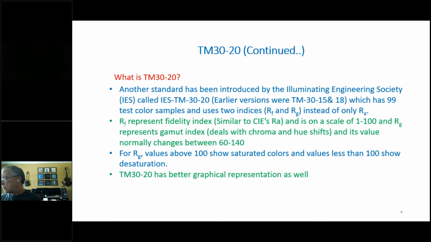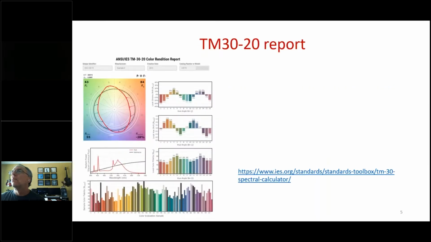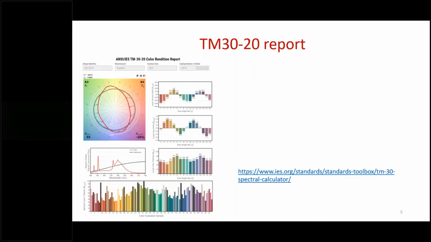TM30 also has color vector graphics, which give a very good indication of what the color rendering is. Just by looking at the graphics, you can get a really good idea of what's going on. TM30 has a standard report, and the Illumination Engineering Society has made a spectral calculator where you can print this report.